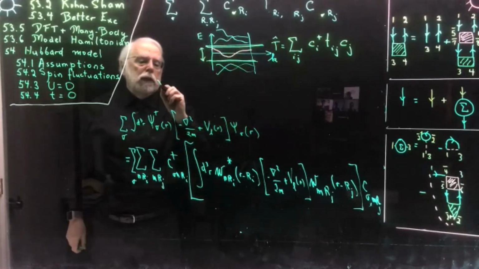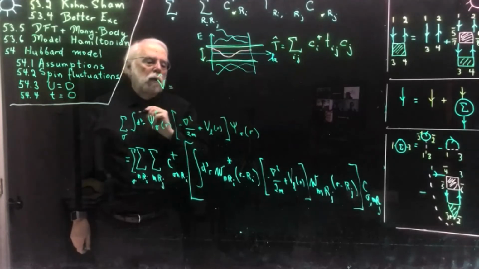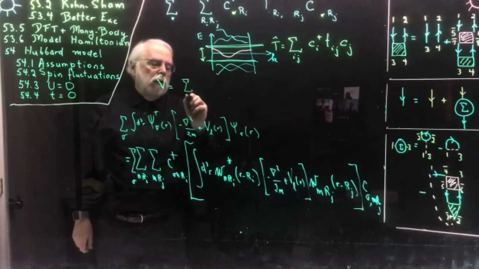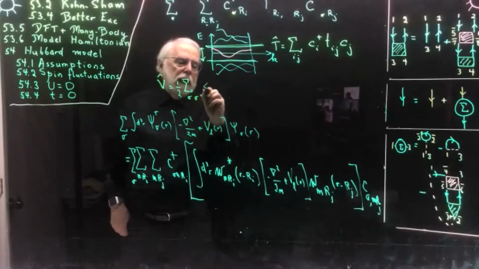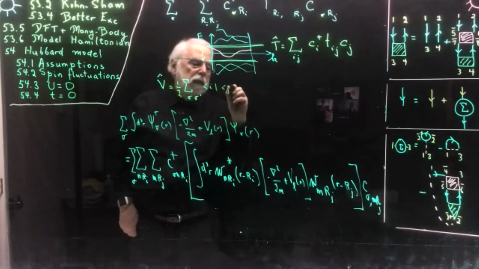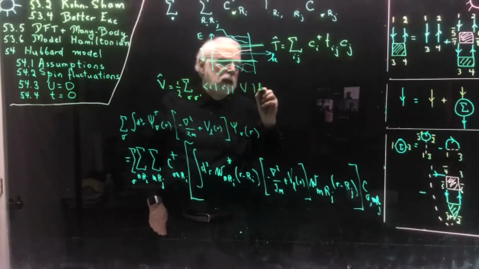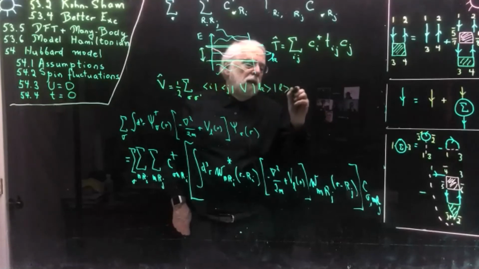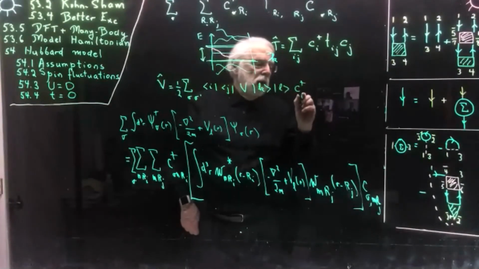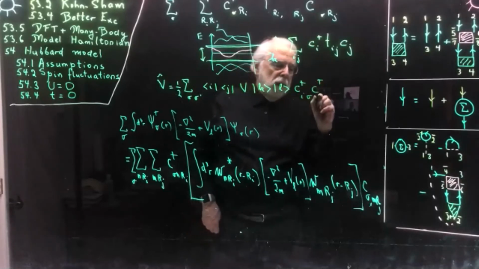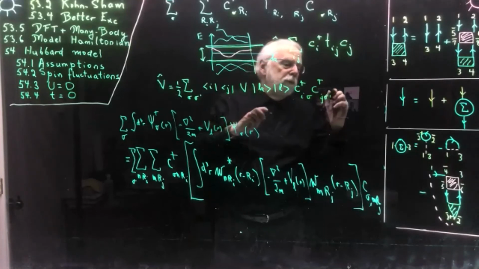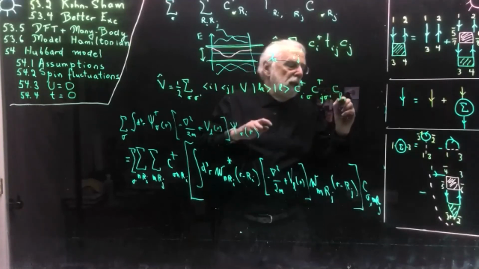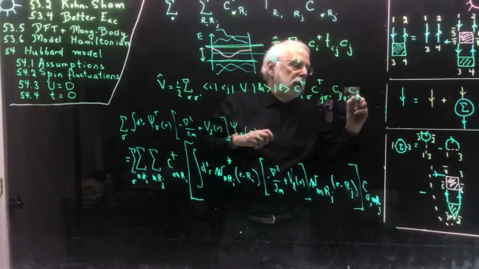And now the potential energy operator, V, will be equal to sum over sigma, sigma prime, 1/2, and then I have i, j, V, k, l, c dagger i sigma, c dagger j sigma prime, c l of sigma prime, c k of sigma.